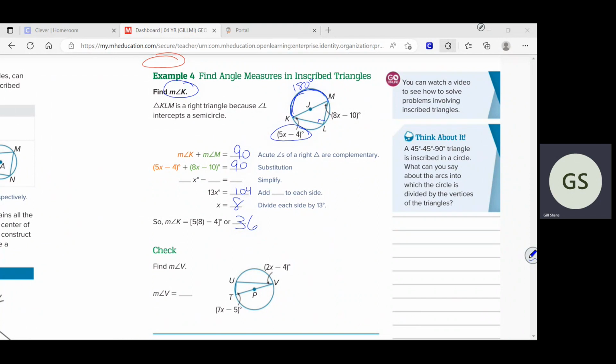So we could have said angle L plus angle K plus angle M equals 180. Because all triangles, all three angles add up to 180. No, they add up to 90 together. So if this is 90, we'd subtract 90 from this side, subtract 90 from this side, so K plus M equals 90.